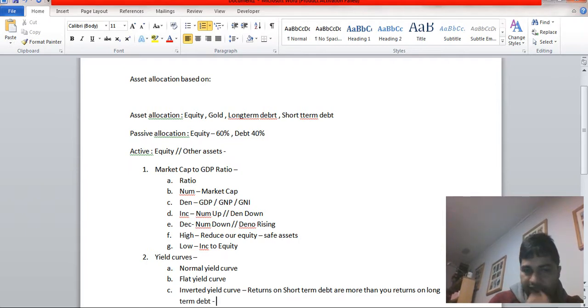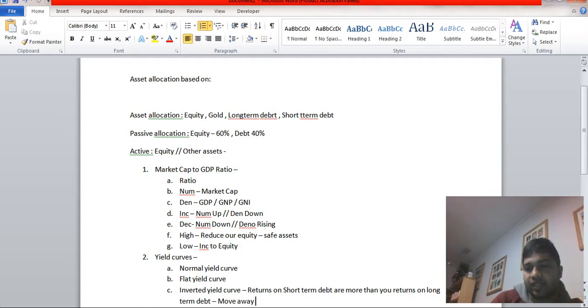Now if this is the case, then you move away from equity and go into safe assets. So decision is, if the yield curve is upward sloping, you still continue investing in equity. But the moment the yield curve starts inverting, you move away from equity and go into safe assets. And when the inverted yield curve again has a positive slope, that is, it becomes normal again, the moment it gets normal, you start investing into equity.